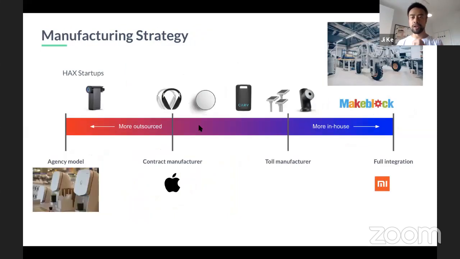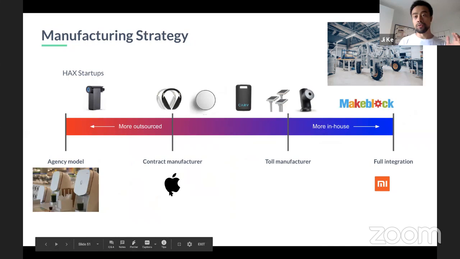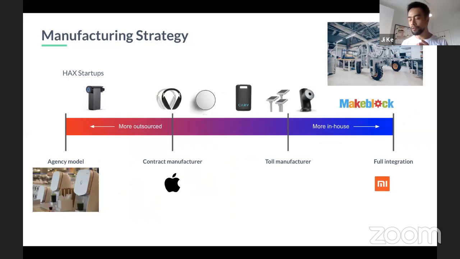So if we break it down a bit, you probably know Apple, the most valuable company in the world, which has a fantastic product line, but they have no factories. They use Foxconn, they use Flextronics, and I think they also just started manufacturing in India. They don't own any of the manufacturers, but they contract the manufacturing out.